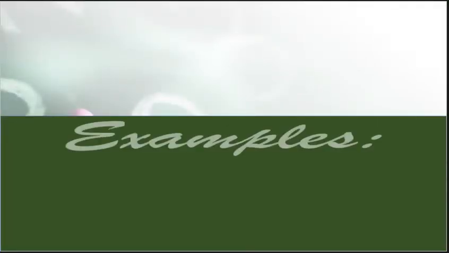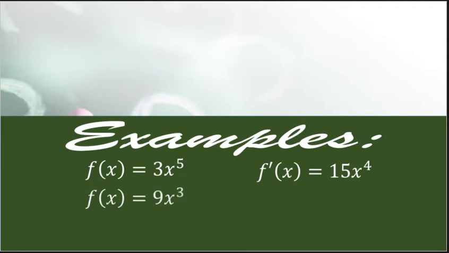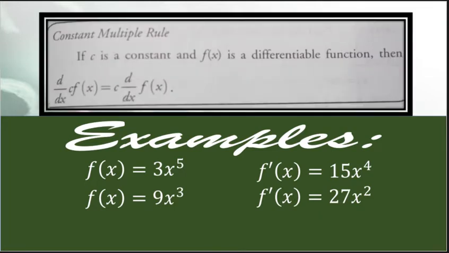Now, let's proceed to the fourth rule. So we have this example. Who wants to derive the rule? What do you think? Let's reveal it. The fourth rule is called the constant multiple rule.